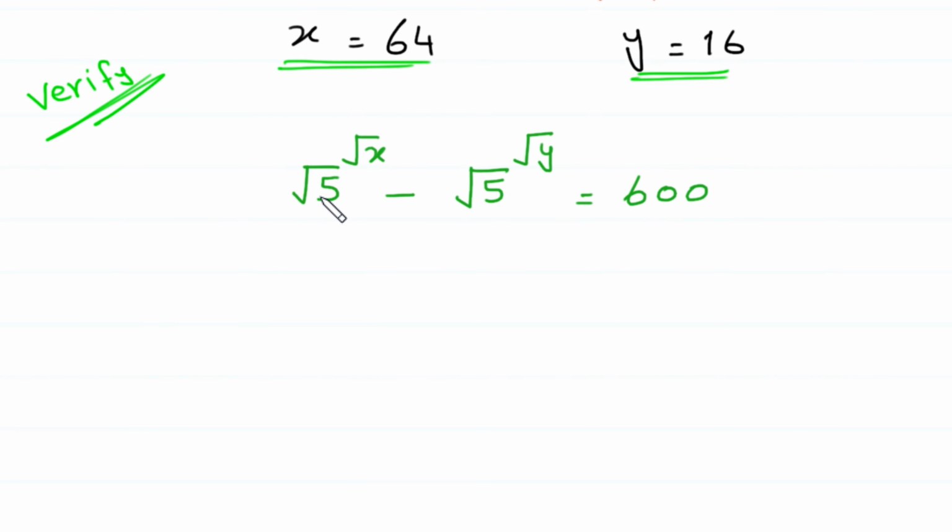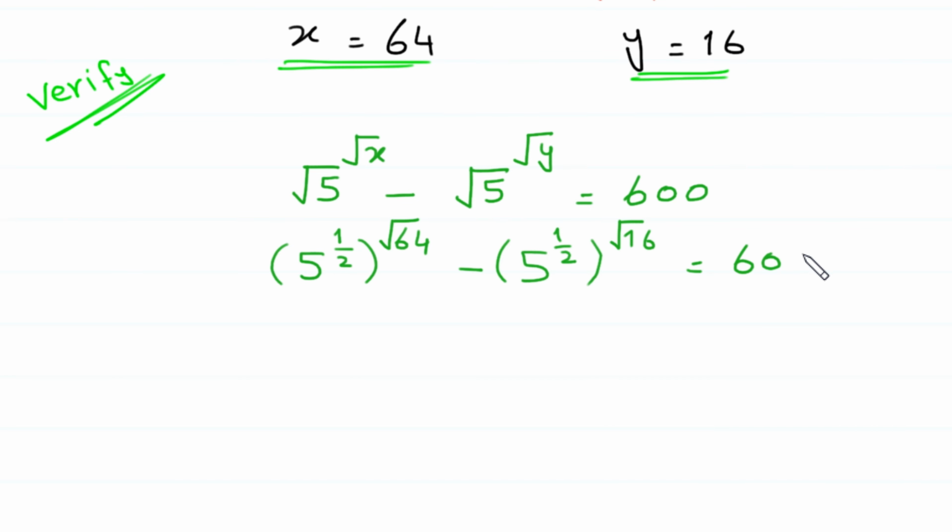We can write this square root of 5 as 5 to the power 1 over 2 whole to the power square root of 64 minus 5 to the power 1 over 2 whole to the power square root of 16 is equal to 600.